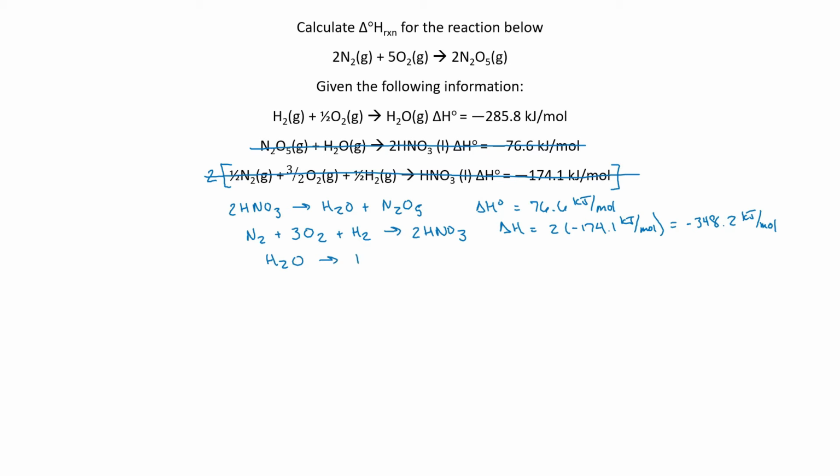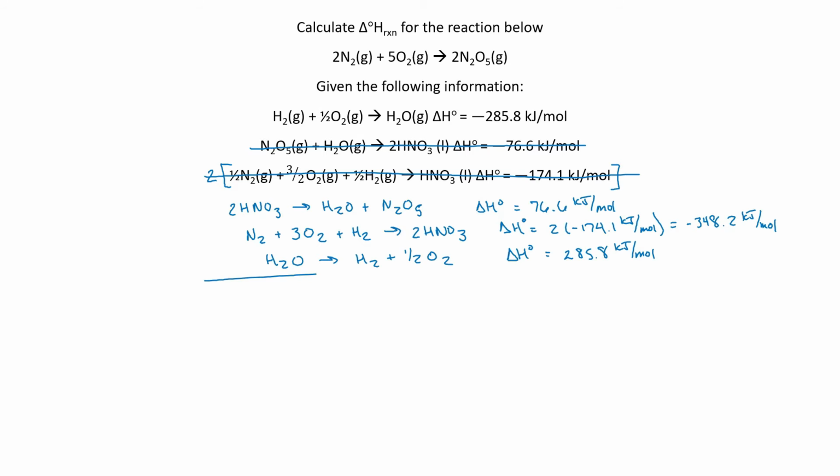Remembering that when I flip this reaction, I also need to change the sign of my delta H. So again, instead of it being negative 285.8, it is now going to be positive 285.8 kilojoules per mole. So at this point, I do believe I have everything adding out that I need to add out.